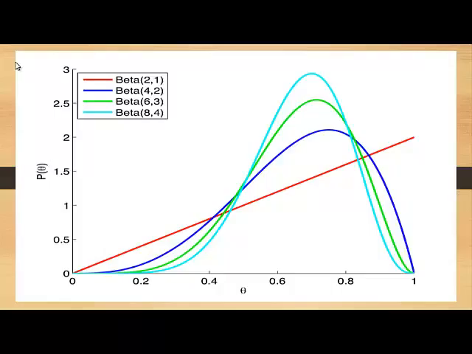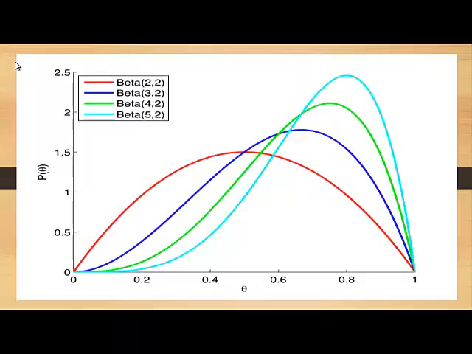It becomes more and more fixed and up towards one value. And now if we fix one of the parameters at 2 and start increasing the other, then it becomes a skewed density, and it starts moving towards the right, and ultimately it will become very close to 1.